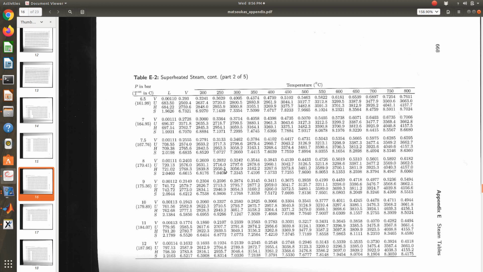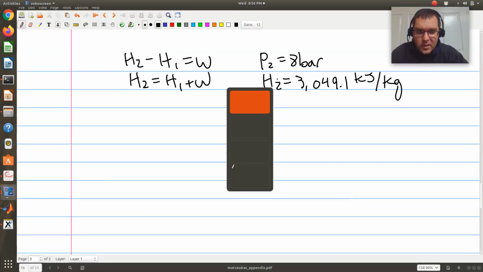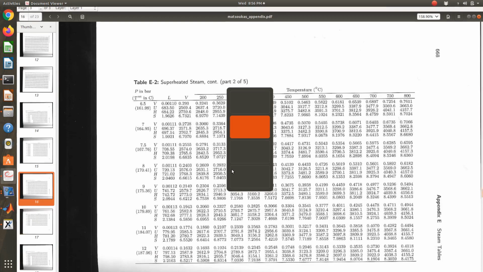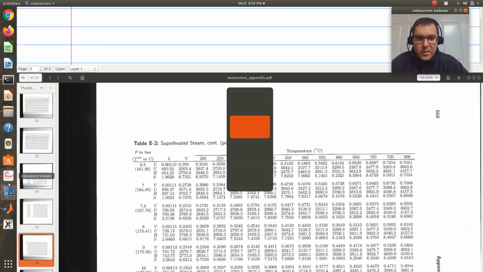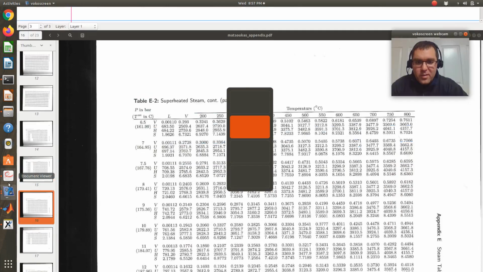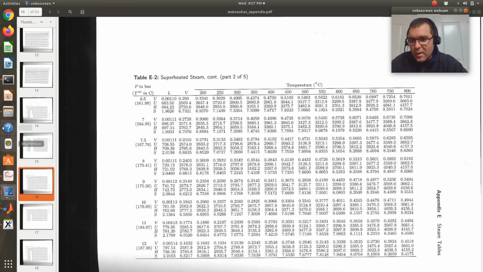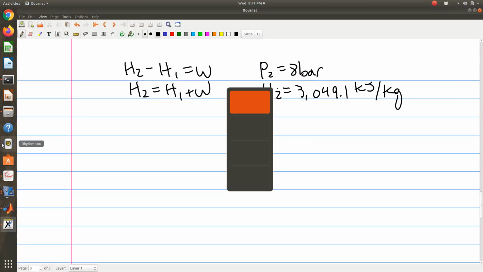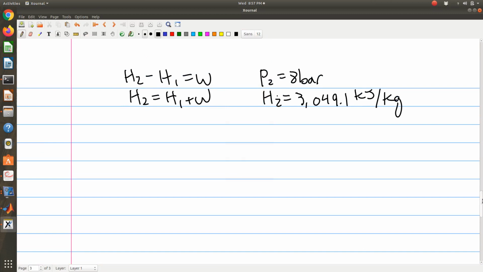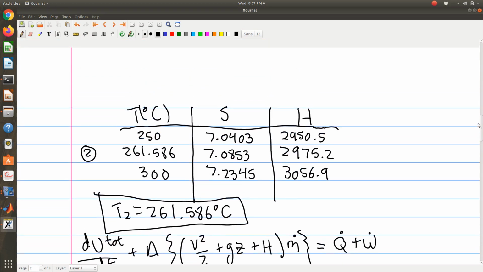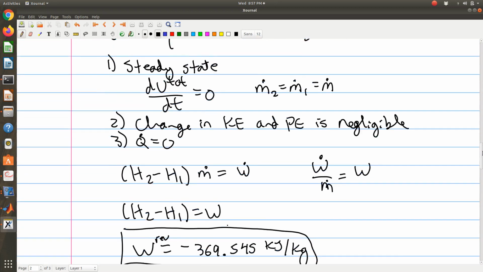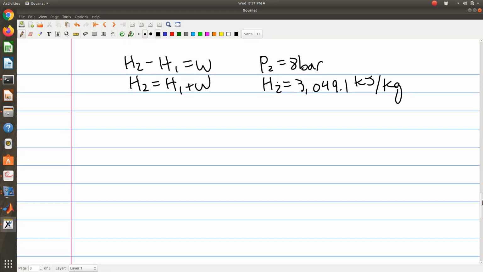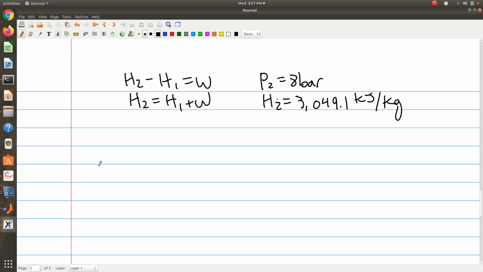Let me go over to my script, because I actually have everything tabulated already. Since I'm between 250 and 300, I'm going to have the same table, but now we're going to be interpolating with T2.